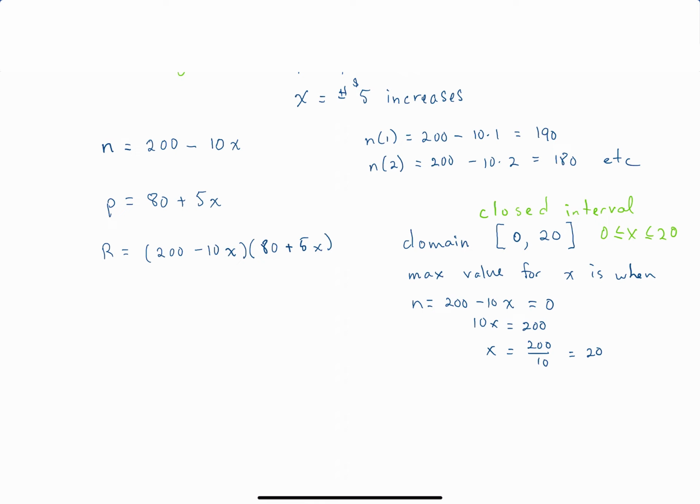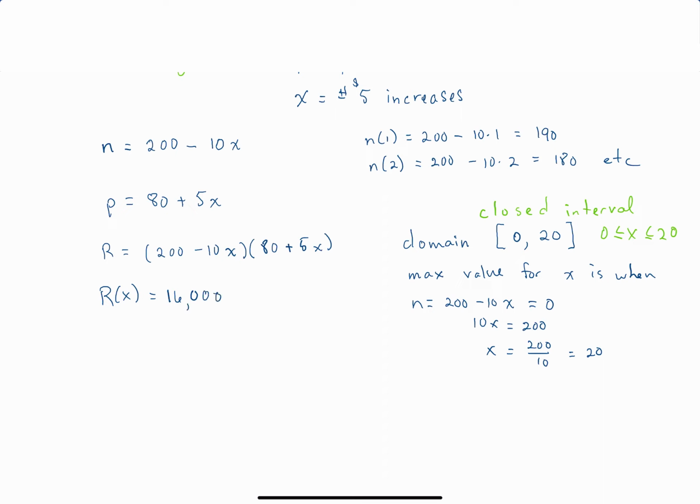Okay, let's differentiate for our closed interval method. Before I do that, though, I'm going to multiply out this expression for R so that I don't have to use the product rule when I differentiate. I'm going to write that as R of x just to emphasize we have it now as a function of a single variable. So let's see, 200 times 80 is 16,000.